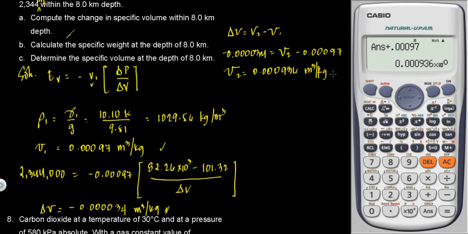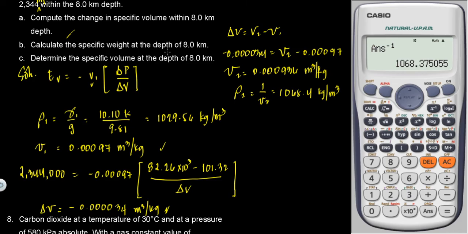Okay, so, kung meron ka na ng V sub 2, makukuha mo na ngayon yung rho sub 2. And rho sub 2 is inverse lang nito, no? So, 1 over V sub 2. So, equals inverse. So, 1068.4 unit kilogram per meter cube.